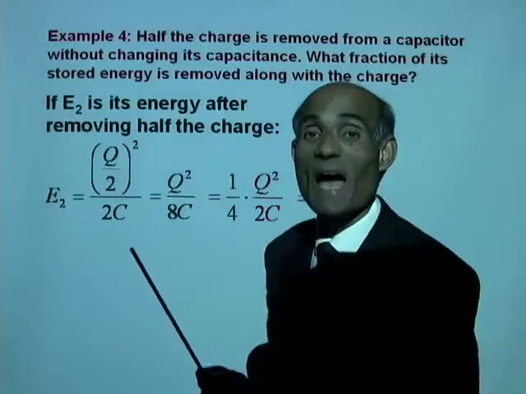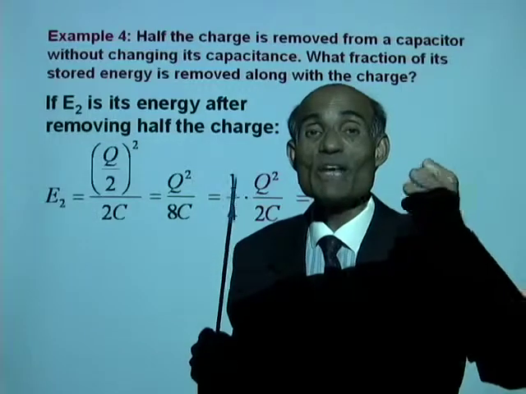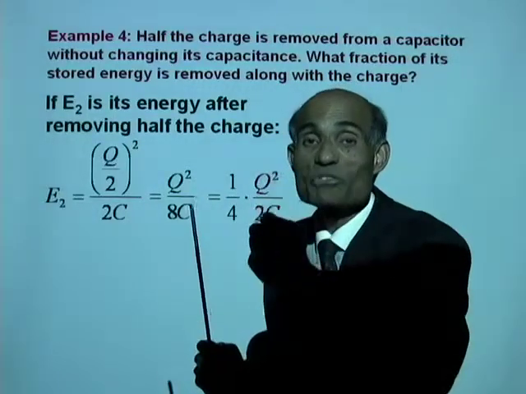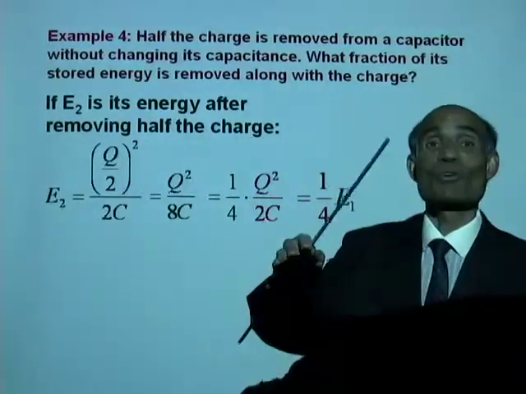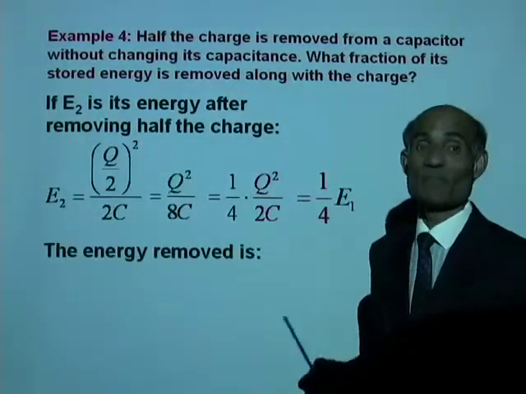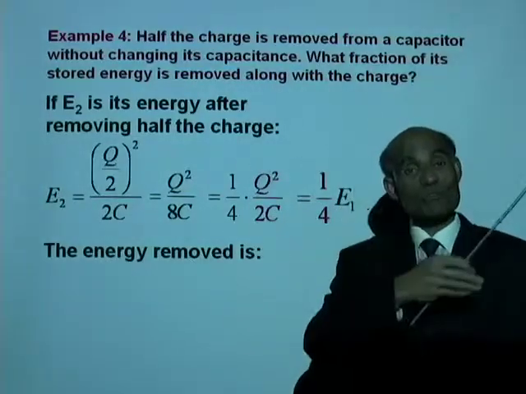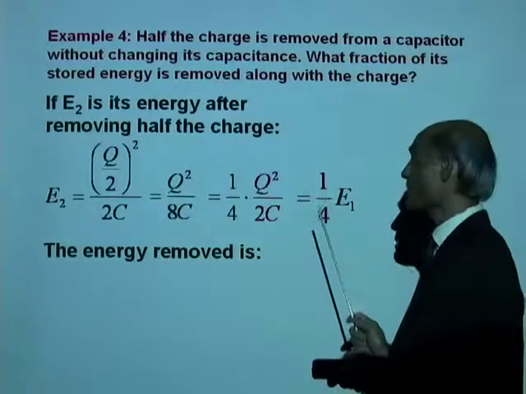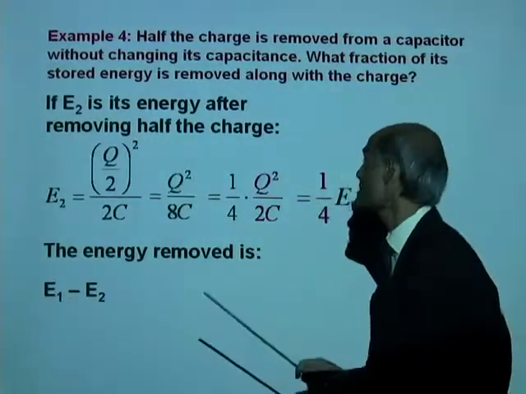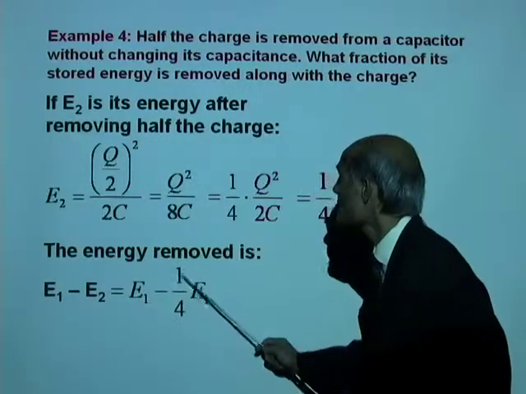That means when half the amount of charge is removed from the capacitor, the energy of the capacitor now is only 1/4 of the original energy. Therefore, how much energy got removed is the initial energy minus the final energy, E1 minus E2.